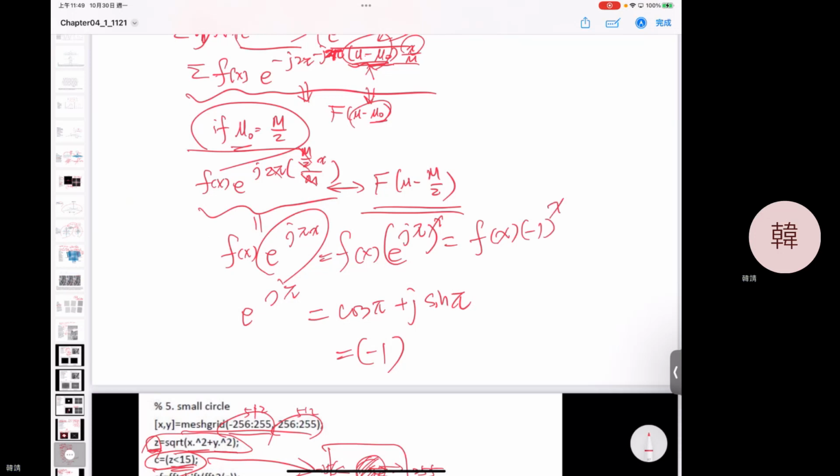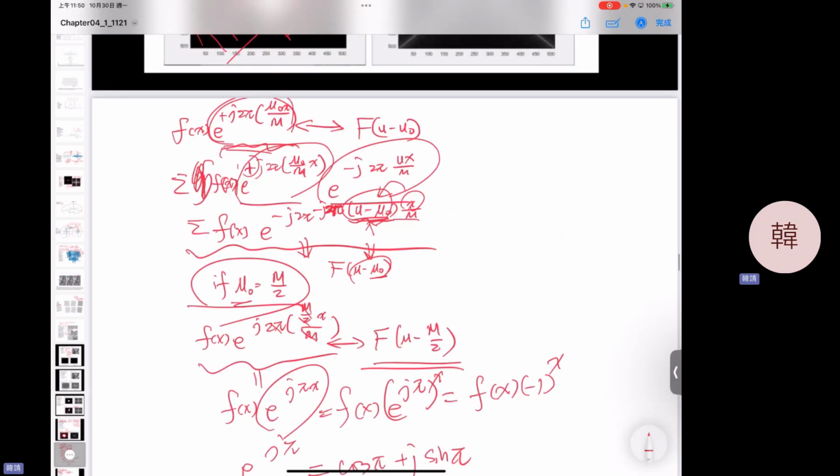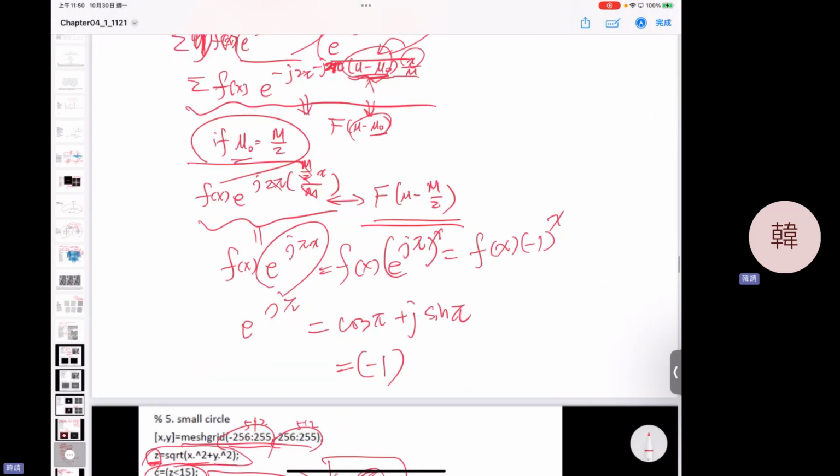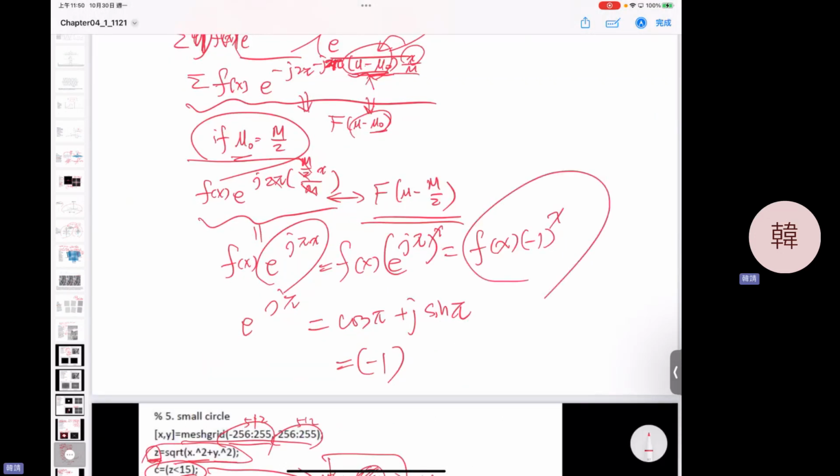So if you want to shift the horizontal location to the center of your frequency spectrum, how do you do it? In your time domain, spatial domain, you have to multiply by this, and this is exactly the same as minus 1 to the x power.